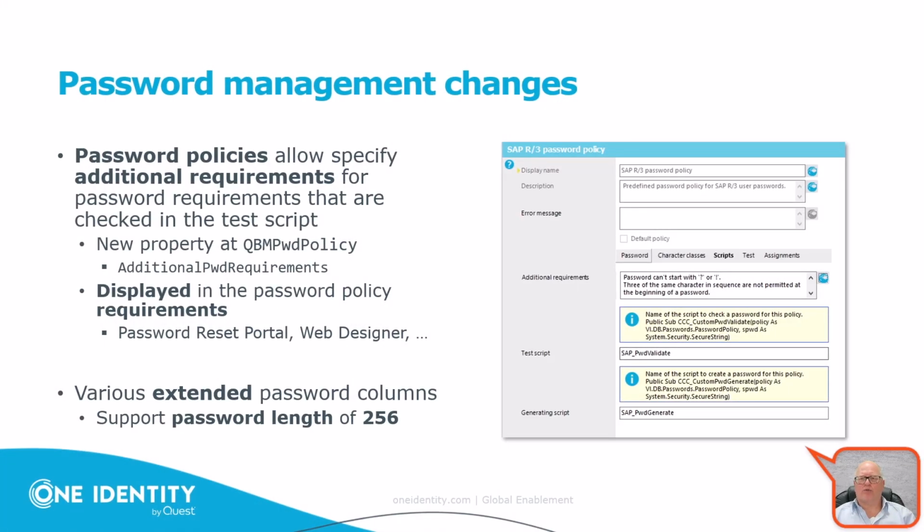We do have password policies, as everybody knows, and in the past these password policies had a specific set of requirements or configuration options that could be configured. That was leading to one or the other problem, and so since 9.x it's now possible to define more properties if you like. Therefore, an additional password requirements property was built. You can see it on the screen on the right side in the middle of the form.